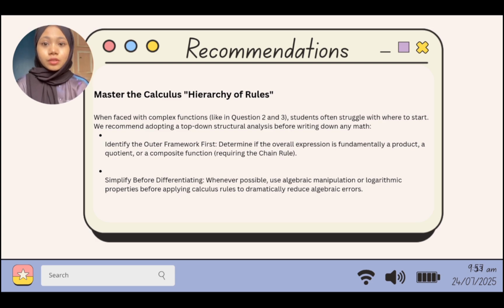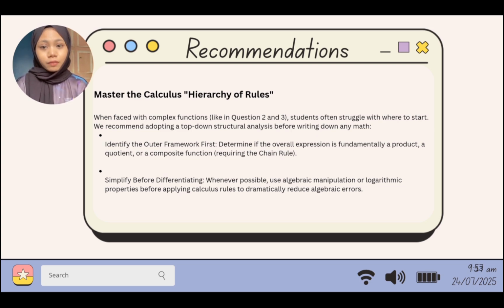The recommendation that we choose is to master the calculus hierarchy of rules. When faced with complex functions, like in questions 2 and 3, students often struggle with where to start. We recommend adopting a top-down structural analysis before writing down any method. First, identify the outer framework.